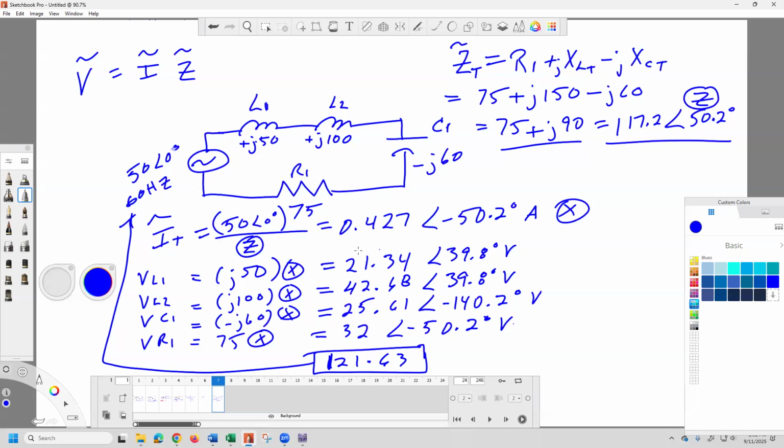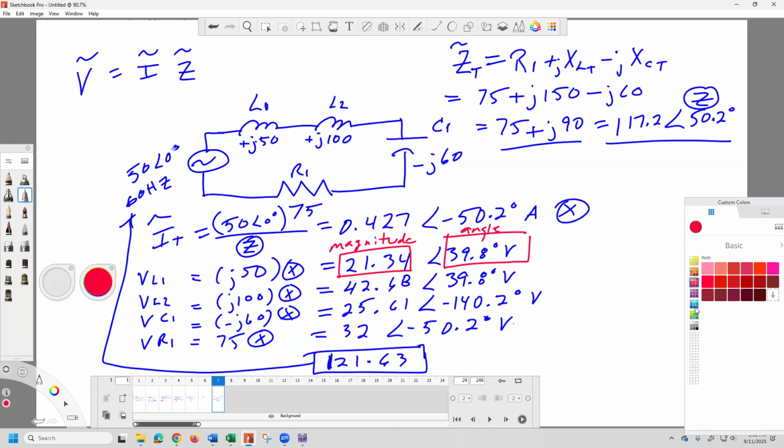This is the magnitude right here. This is the angle. Magnitude. Angle.